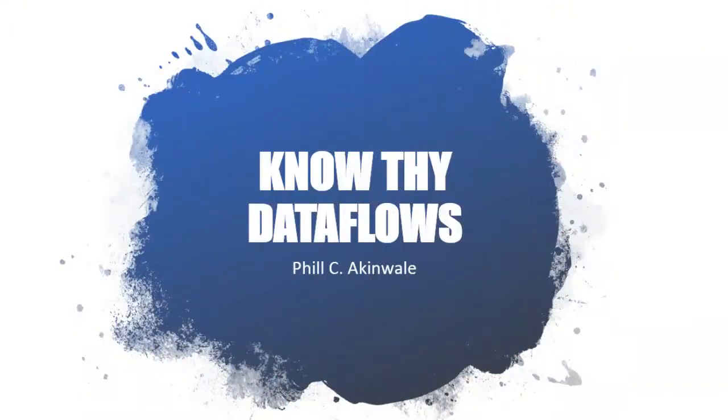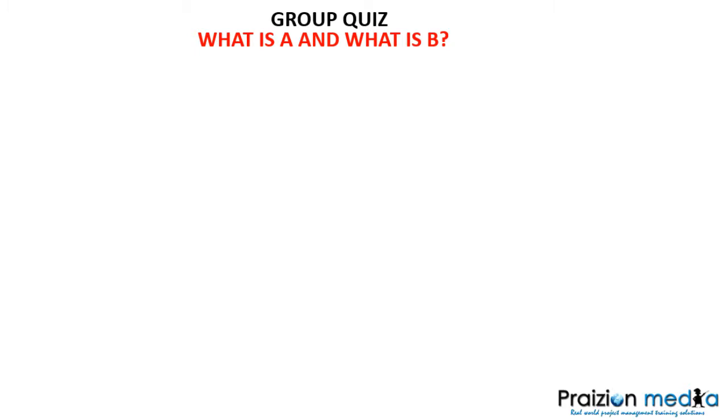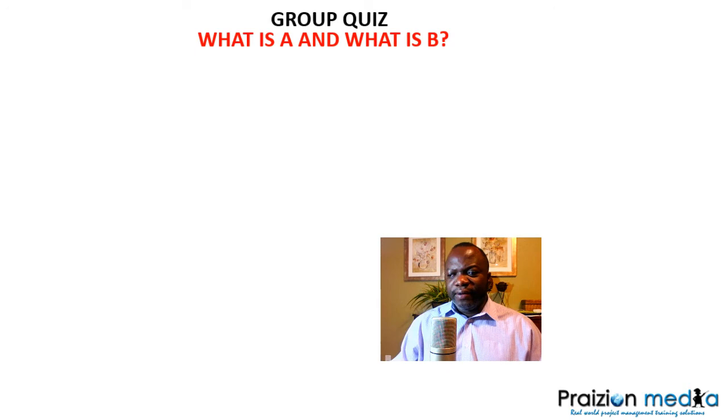So I call this Know Thy Data Flows. You got to know thy data flows for the PMP exam. So I'm going to be showing you two processes. One is process A and the other is process B. Process A will give you an output, and that goes into process B. So take a look here.